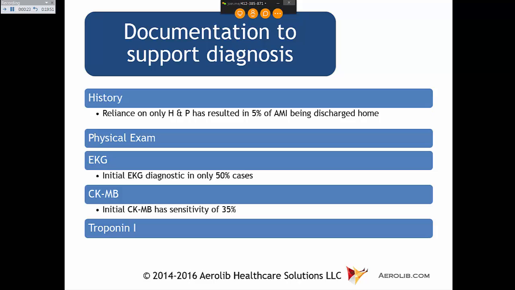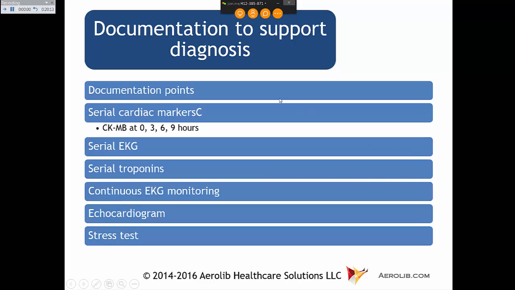And so, you hear a lot about defensive medicine by physicians. Chest pain due to MI is one of the highly missed diagnoses. And so a lot of the ER physicians do not discharge them solely on an H&P. So physical exams, EKGs, CKMBs, troponin levels, these all add to support the diagnosis.